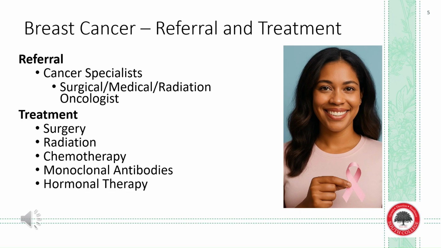The choice of treatment is influenced by many factors, including their age, their general health, their estrogen and progesterone levels, and other prognostic factors. But when invasive breast cancer is found early and treatment is started, such as surgery, radiation, chemotherapy, or hormone therapy, it can be highly curable. So that's the good news.